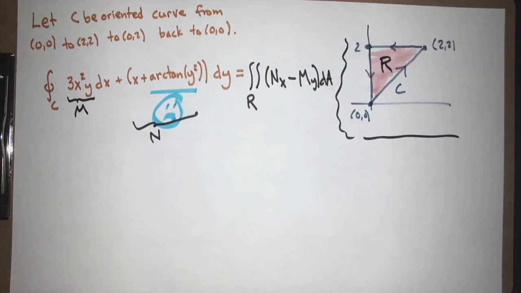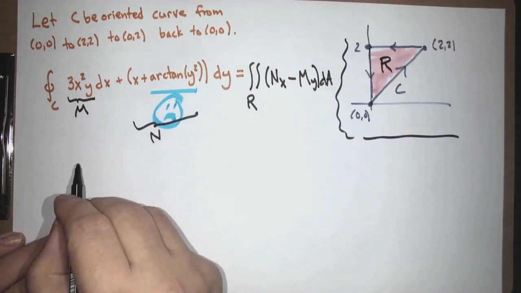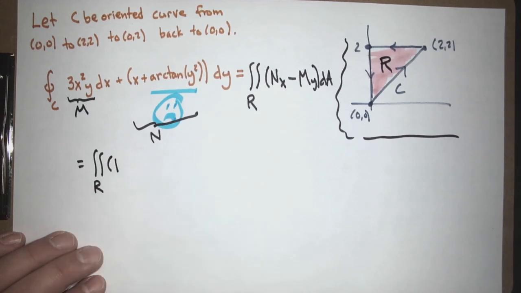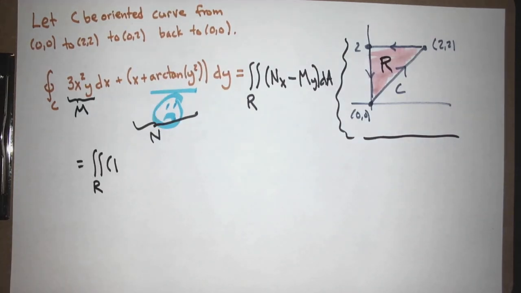All right. Well, let's compute these things. What happens when we take the derivative of N with respect to x? You get 1. What happened to that arctangent of y squared? It was a constant when we take the derivative with respect to x. It's gone. It's almost like we planned it to happen.